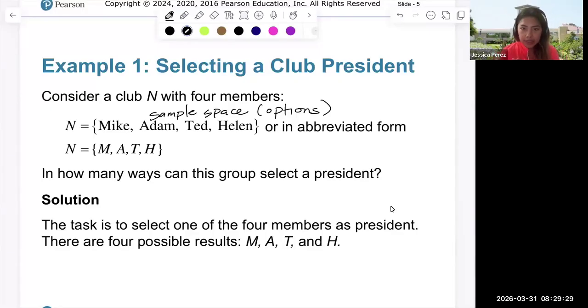In how many ways can this group be selected? Well, there's only one way. You can select either Mike, Adam, Ted, or Helen. So there are four options that you can have, each one as a president, because there's only one choice per person.